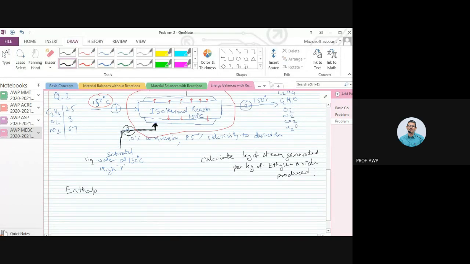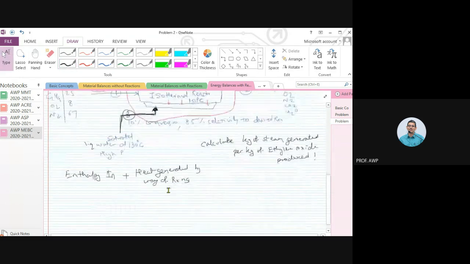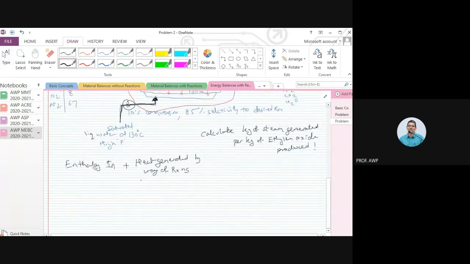Enthalpy coming in plus heat generated by way of the reactions, desired and undesired, must be equal to enthalpy going out.